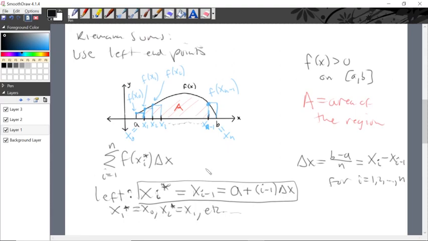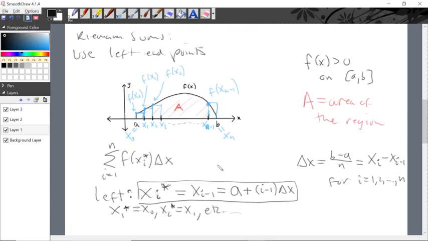So we wouldn't actually have to know all the individual x values. What we would want to know would be how many rectangles and subintervals are we trying to create? That's n. Where is the left edge and where is the right edge of the closed interval overall that we're integrating over? And which subinterval is it that we're asking to look in at the moment? That's what we would need.